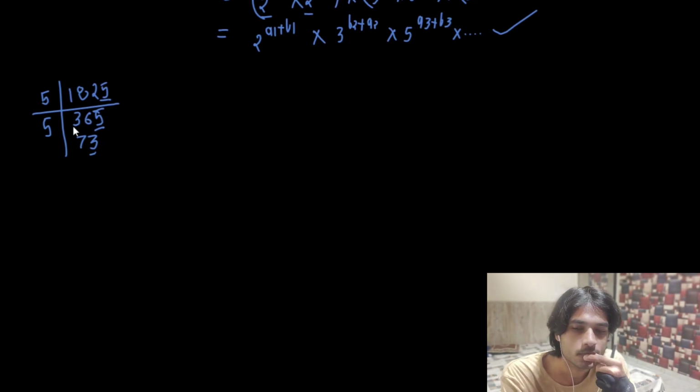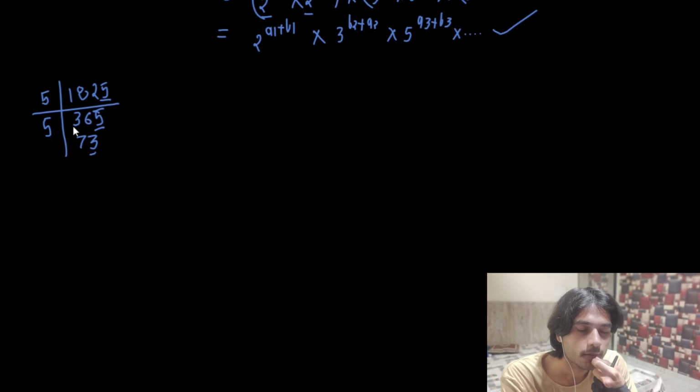So no. I think 73 is a prime number because there is no number that is dividing it. I don't think it is divisible by any number other than 1 and 73 itself.